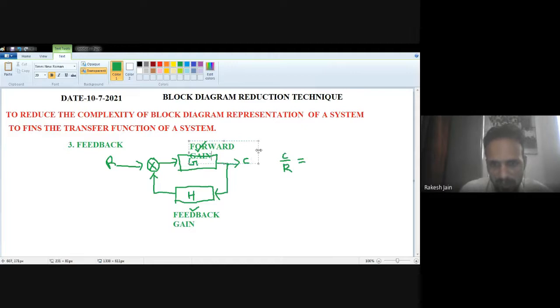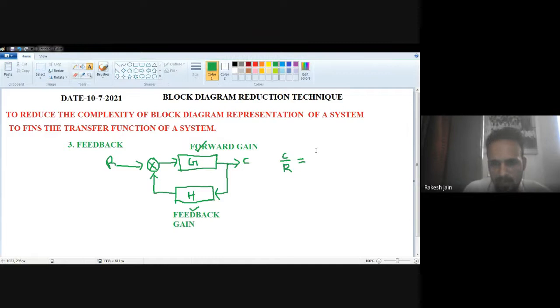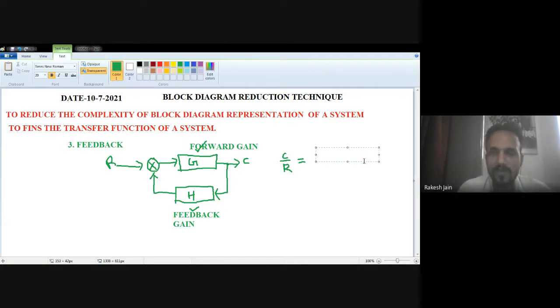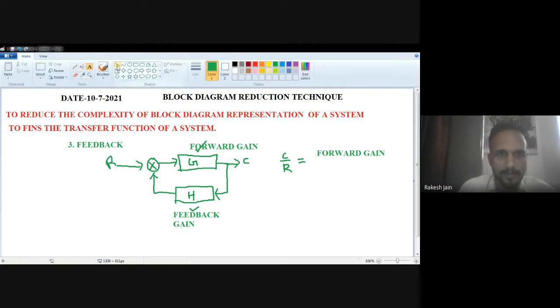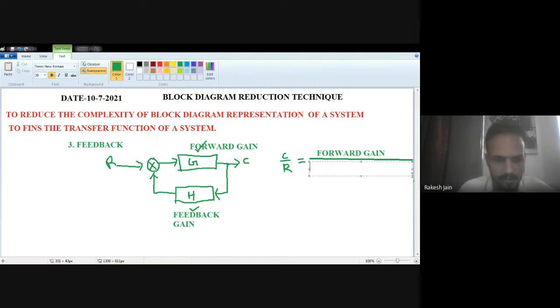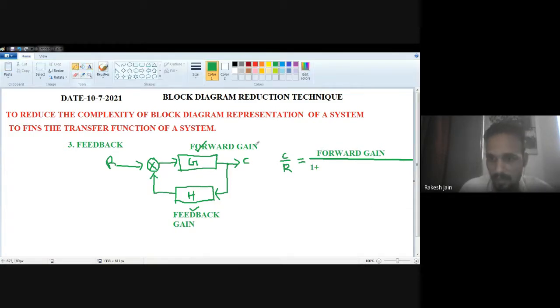And this G, whatever goes from the input side directly towards the output side, is known as forward gain. So C upon R is what? Always remember: the transfer function of any feedback loop is forward gain, see very carefully, forward gain divided by 1 plus or minus, this is very important, forward gain multiplied by feedback gain.